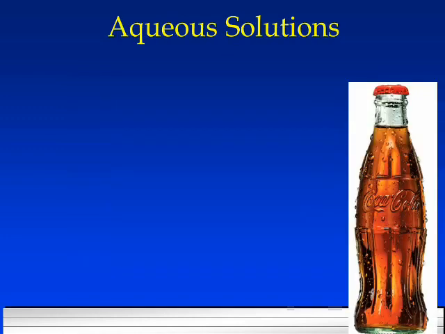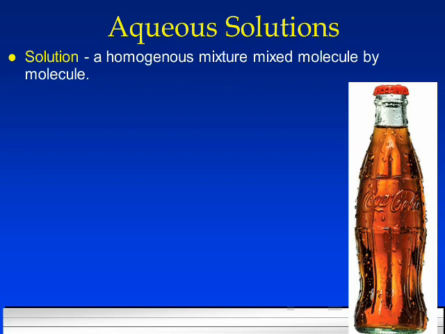To look at aqueous solutions, a solution like Coca-Cola is just a homogeneous mixture, mixed molecule by molecule. Homo means it's the same throughout, as opposed to a heterogeneous mixture.